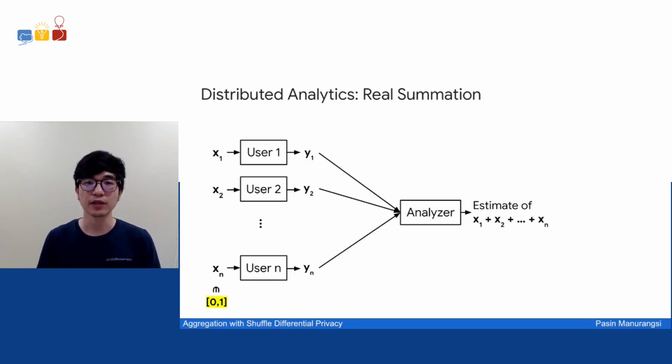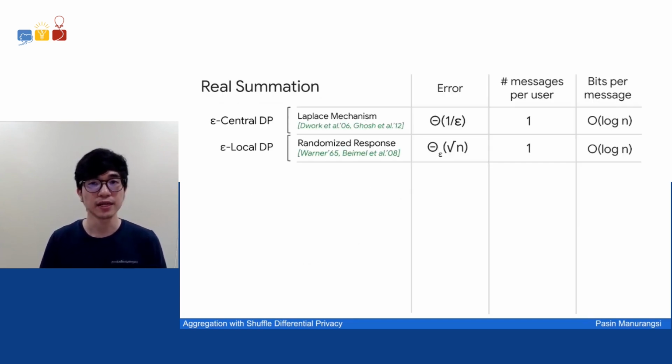Okay, it turns out that the results in the central DP and local DP more or less hold as before, so you get 1 over epsilon and square root n over epsilon error. Each user only has to send 1 message. But now the number of bits that you need to send per user grows with something like logarithmic in n.